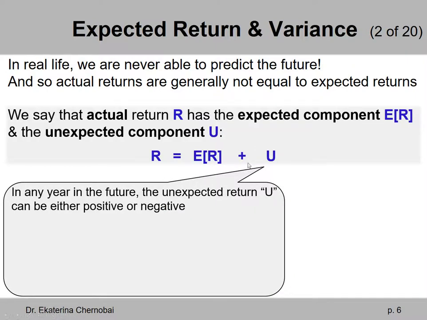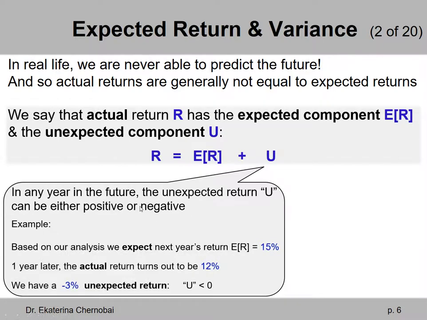So this unexpected return can be either positive or negative. For example, let's say a year ago, we expected the return over the year to be equal to 15%. So this is the expected return, what we thought it would be. But 1 year later, we are now today, and we can actually observe what we received from the company, which translates into some percentage return.